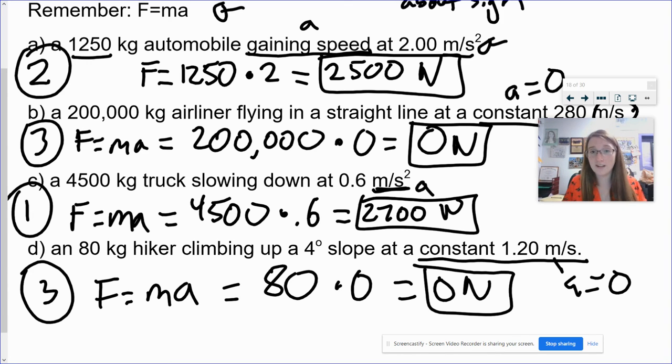It will almost feel like they aren't moving. And again, hopefully you can relate that to driving in a car. There are times when it feels like you're not moving, and then other times when you're glued to the back of your seat. This is no net force versus, yes, there is a net force.